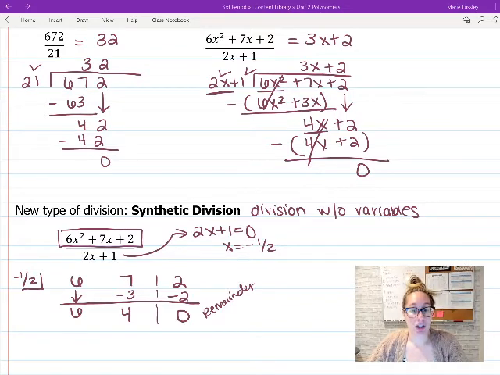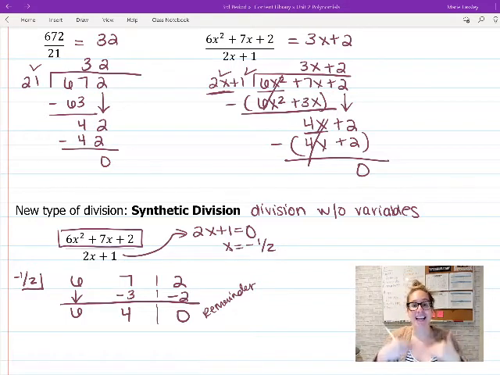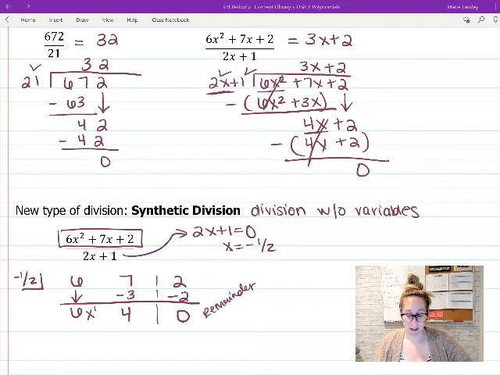All right, so if we started originally with an x squared, every time you divide, you go down by 1 exponent. So if I started with x squared, this 6 now is going to have an x to the first, and then the 4 is going to be just my constant. So it's just going to be plus 4.